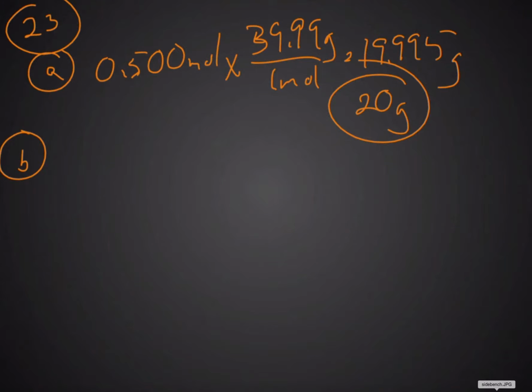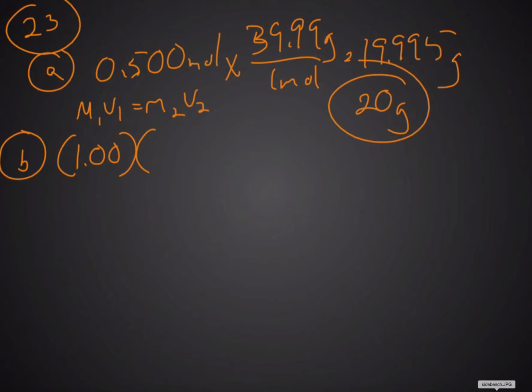In the second one, we're trying to find out how much stock solution, which is 1 molar, we need. M1V1 equals M2V2. What we know is our desired final molarity and the final volume.